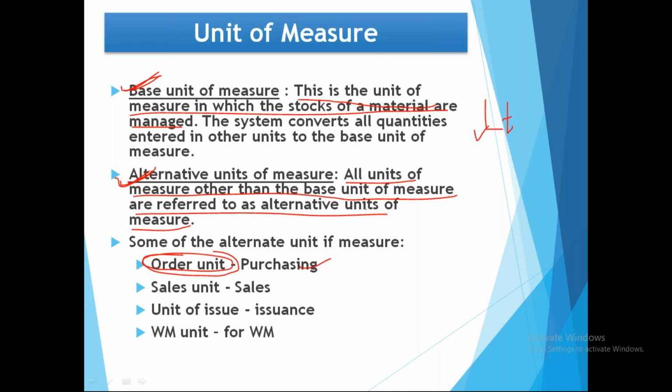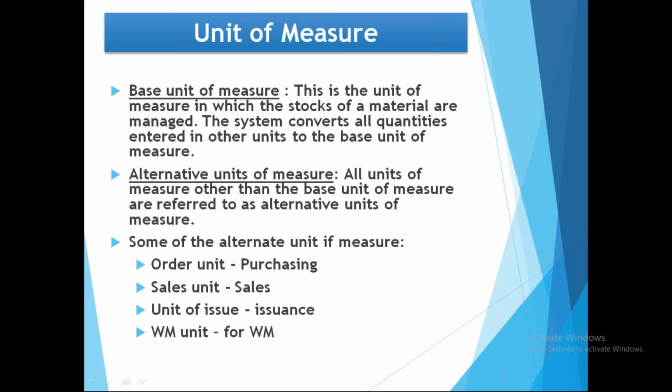You store in liters only, but when you are telling the supplier, you supply the material in drums. So that order unit is now drums. Like this, you can have separate alternate units of measure like sales unit, unit of issue, WM unit, all those things.